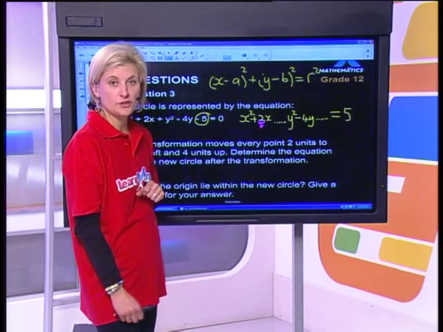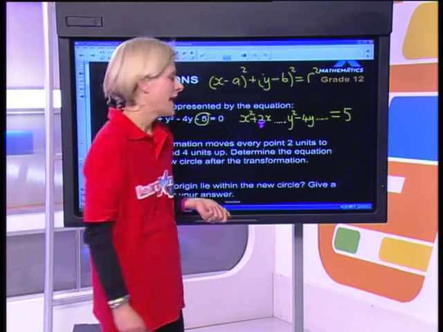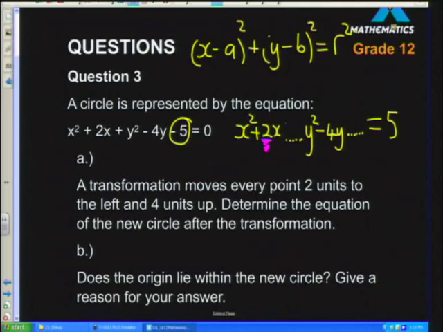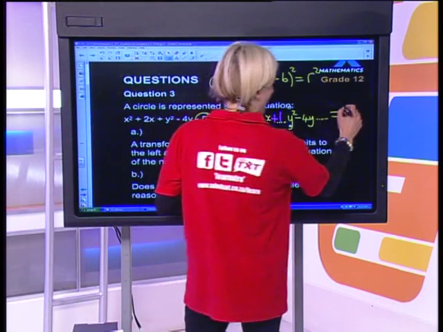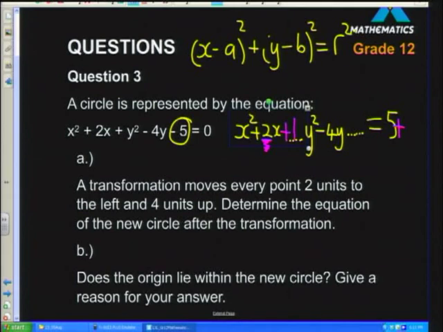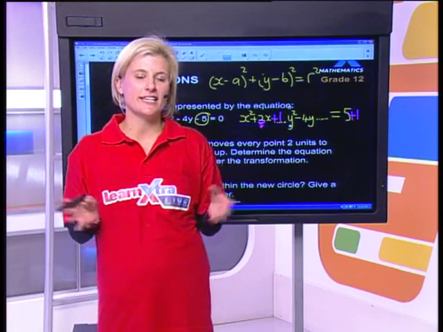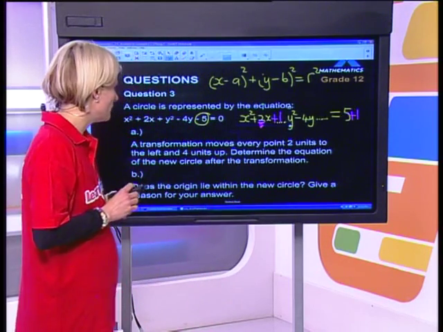So half of 2, of course, is 1, and 1 squared is still 1. So I'm adding in 1 over here. Now, to make sure that the equation remains true, I also have to add in 1 on the other side.